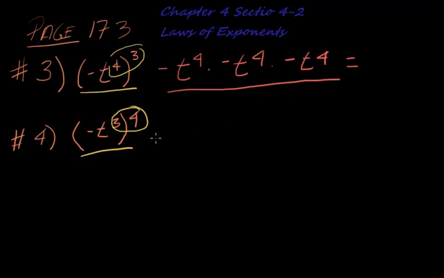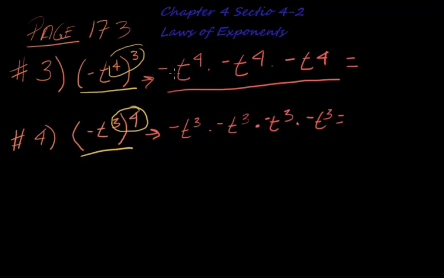And what is the exponent? So let's look down at this one as well. I'm going to take whatever is inside here, which is negative t to the third, 4 times, negative t to the third, that's a multiply, times negative t to the third.